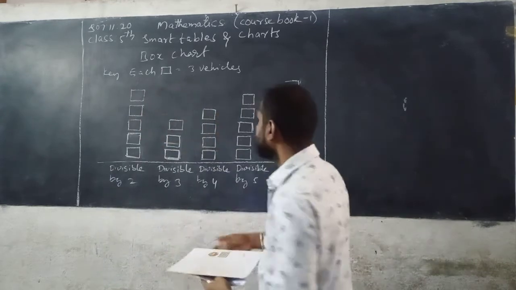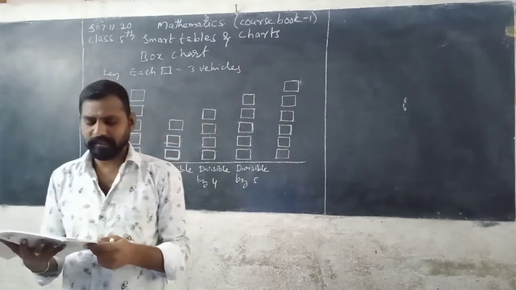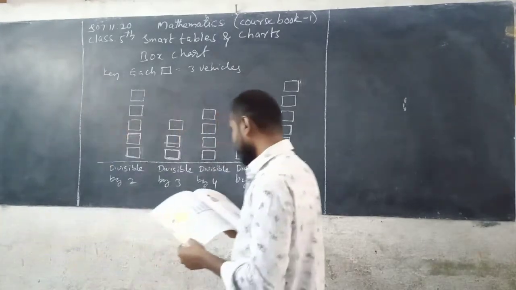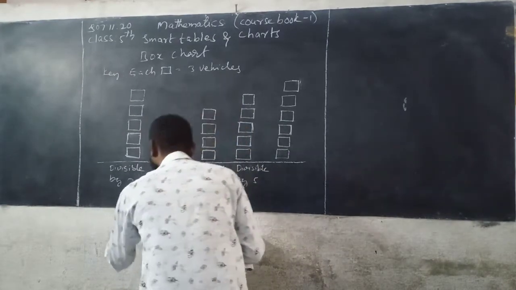See here, these are the square boxes. Now read the box chart and answer these questions. This is called numbers divisible.